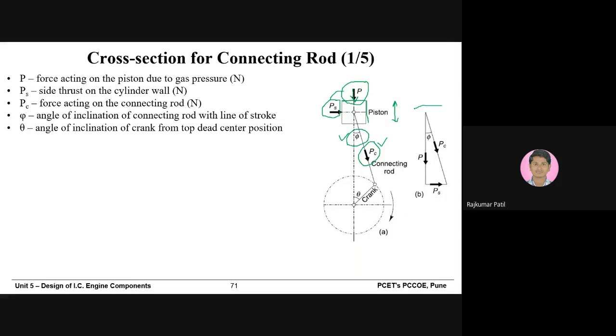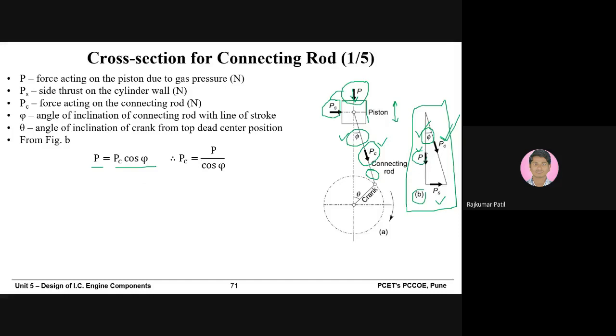And that's why we draw a force triangle as you can see in figure B. PC, P and PS, and the angle phi is given. And you may be interested to know at what angle phi you will get maximum value of PC, because once you get the maximum value of PC, that is force on connecting rod, you can calculate the dimensions of the connecting rod. So from this figure B and the triangle, you can say P is equal to PC cos phi.